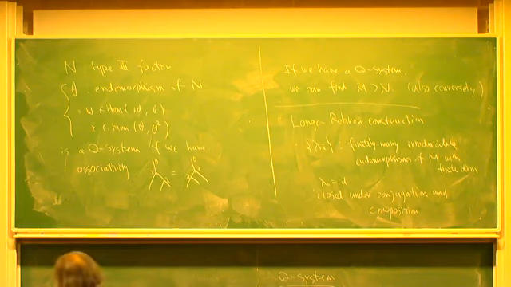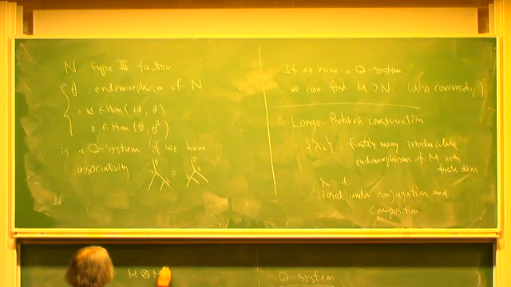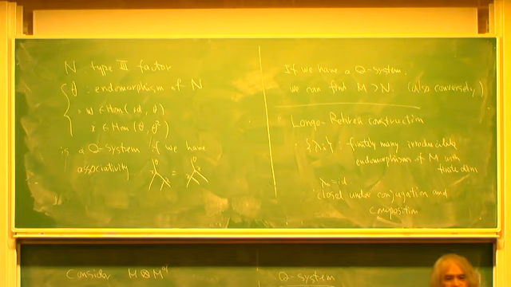We consider M tensor with M opposite. This opposite algebra also appeared in the talk of the previous days. That is, we just reverse the order of multiplication. So basically the same algebra, but we only switch the order of the multiplication.